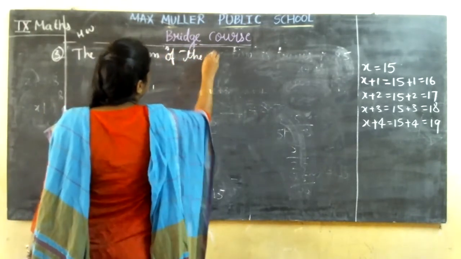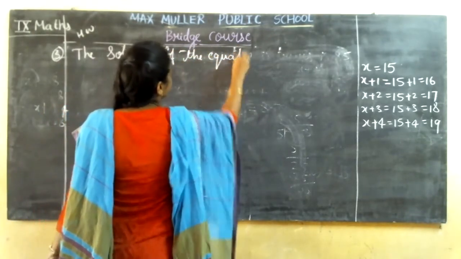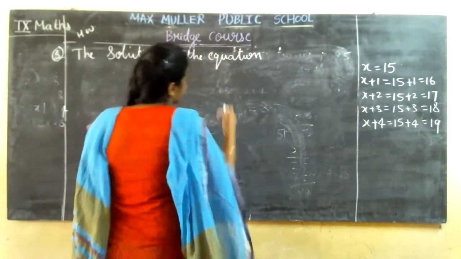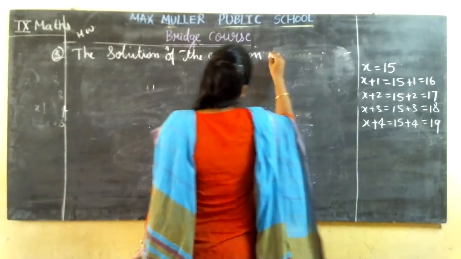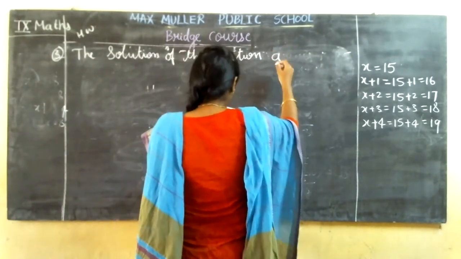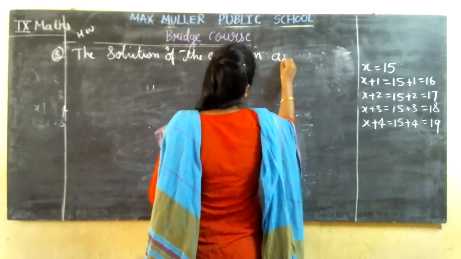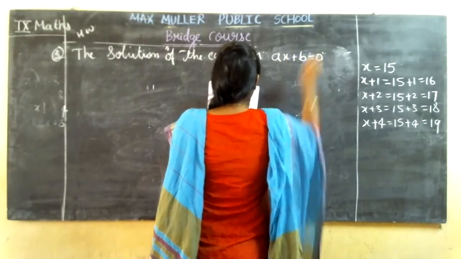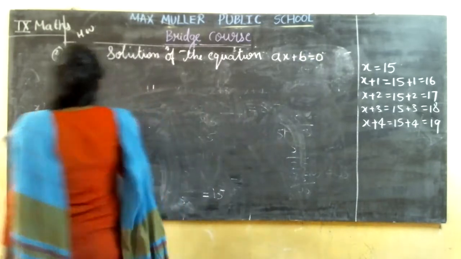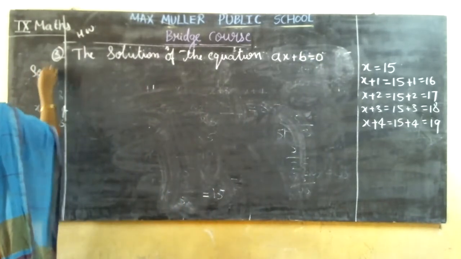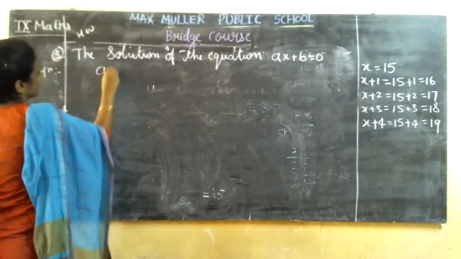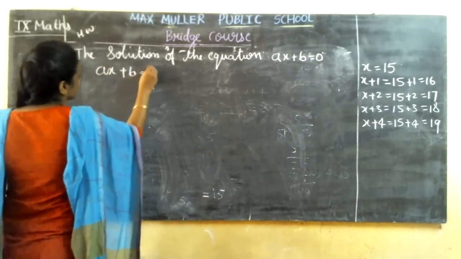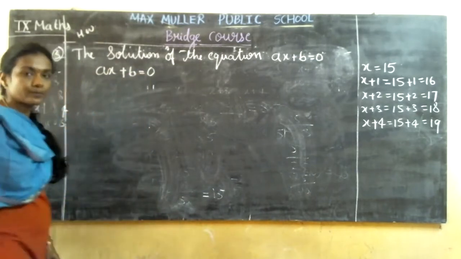The solution of the equation. Okay, equation, while learning about the number system, it will help you. So I'm going to take this one, that is ax plus b is equal to 0. Can you tell me, guys, what is the solution of this equation? The given equation is ax plus b is equal to 0.